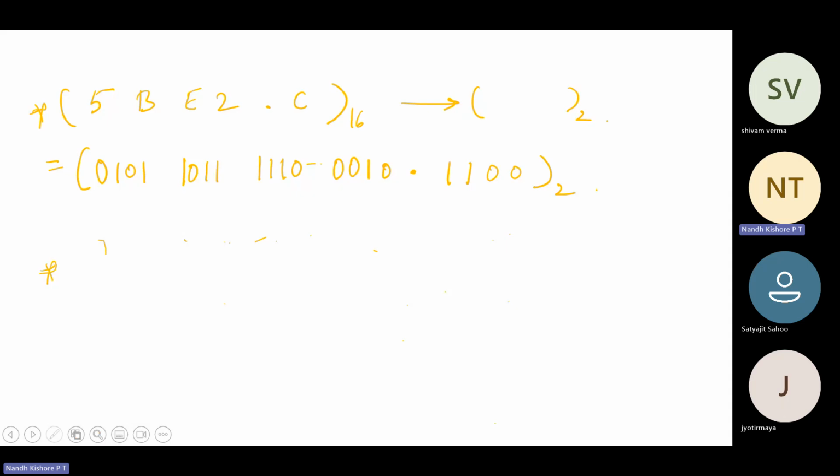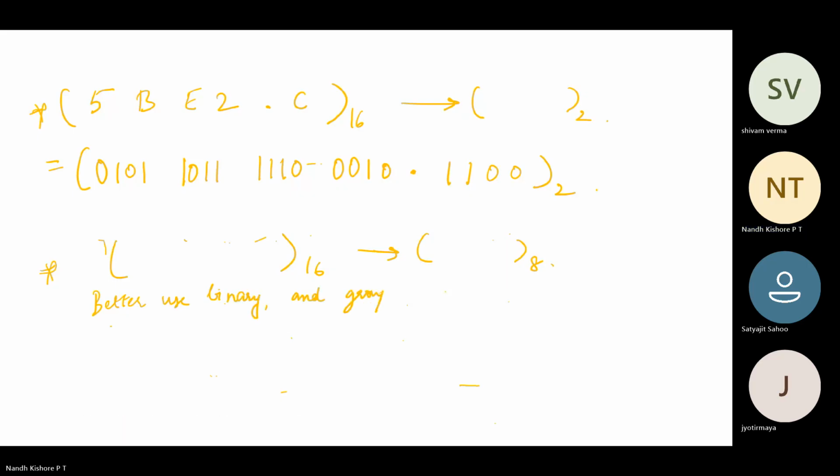And in the next part, we have to convert it into octal. So 16 to 8 has to be converted. Better use binary for that. Binary and group in sets of 3.